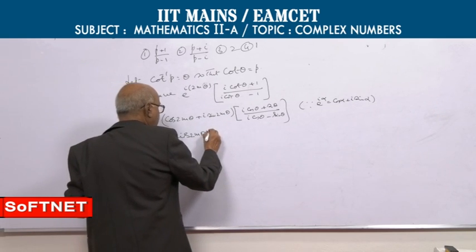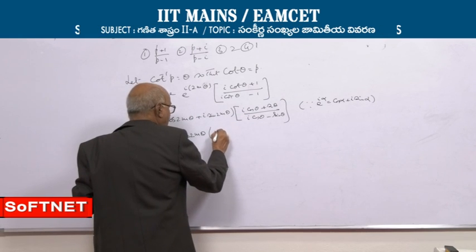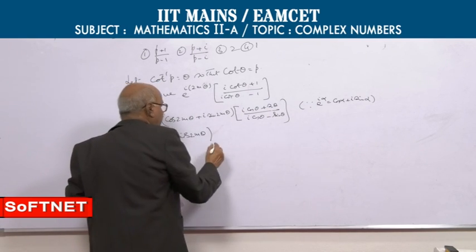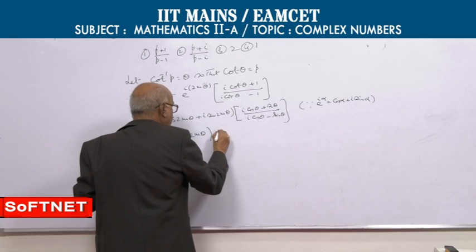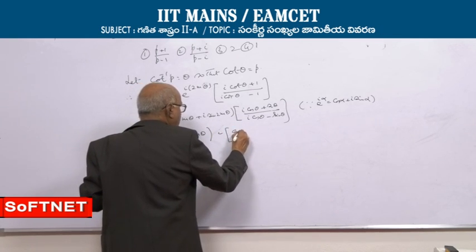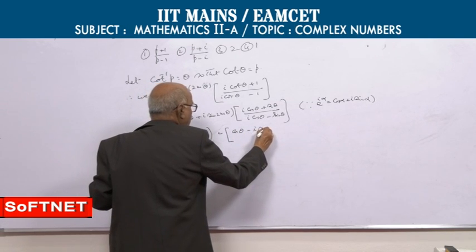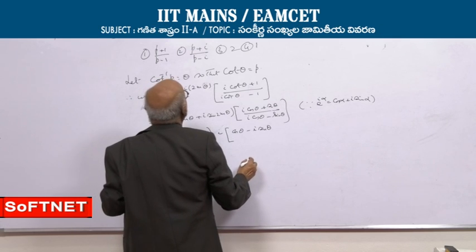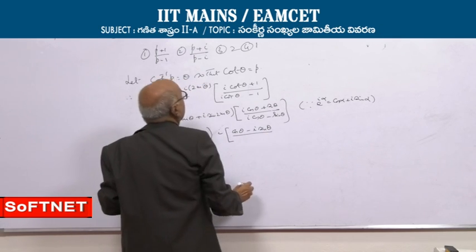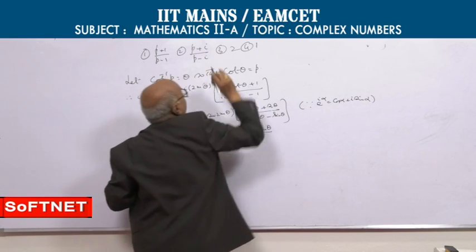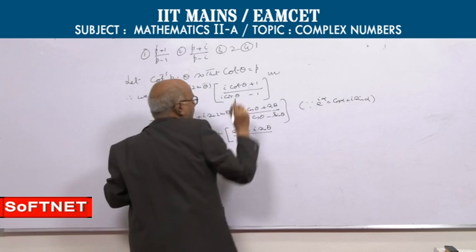Cis 2m theta into, now what you get is cos, cis 2m theta. Here you take i common from numerator and denominator, i into cos theta minus i sin theta by i into cos theta plus i sin theta, that power m.